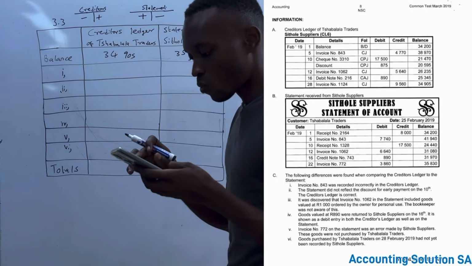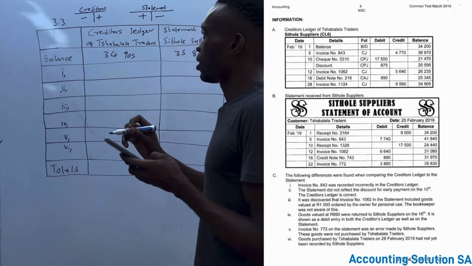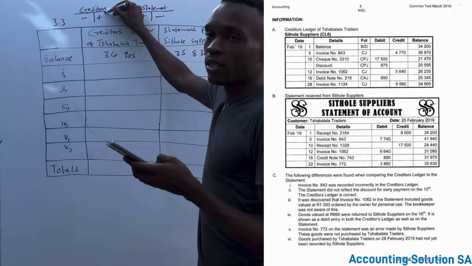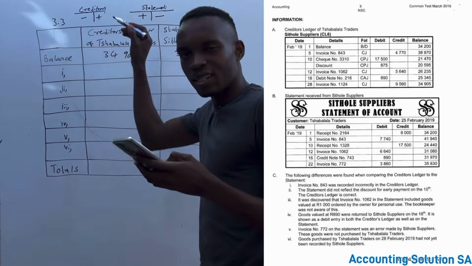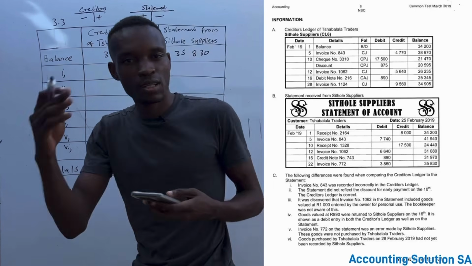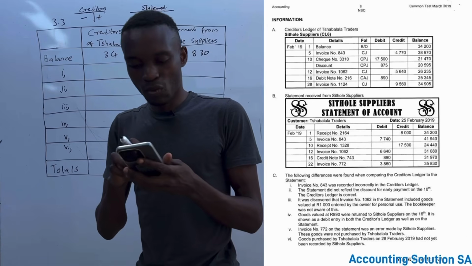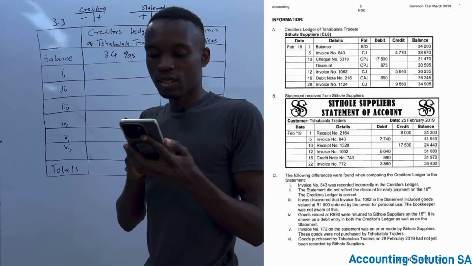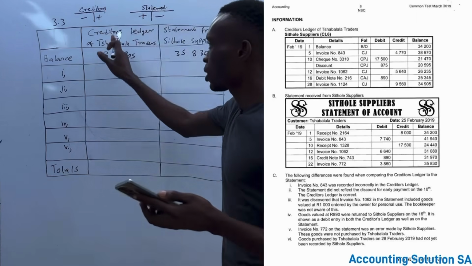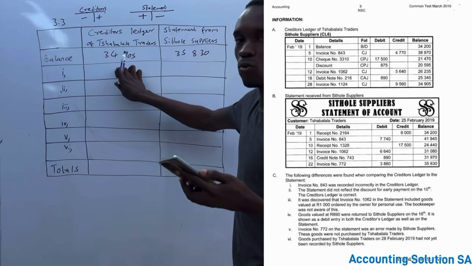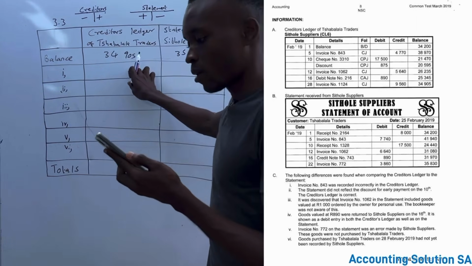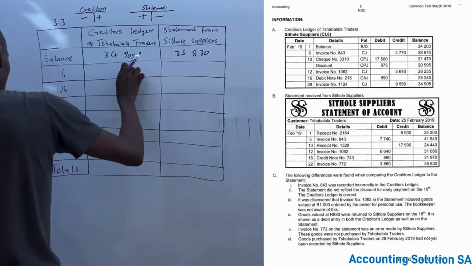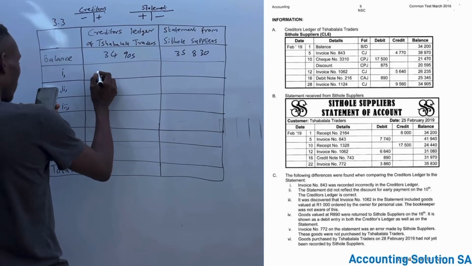This amount was credited in the creditors ledger, which means they added a smaller amount, so we have to add the difference so that it equals 7,740, because the transaction says it was incorrect on the creditors ledger, which means we have to rectify here.